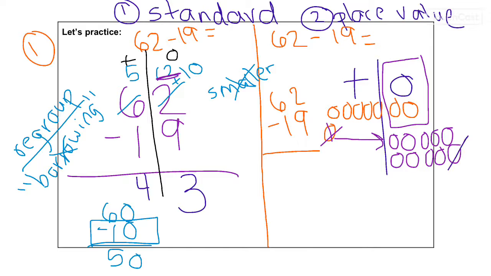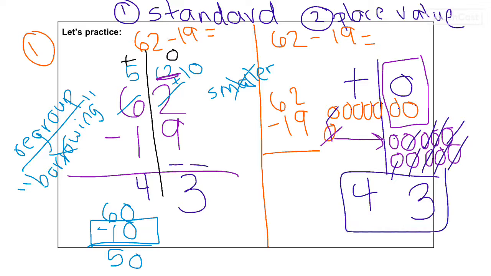Yep. 1, 2, 3, 4, 5, 6, 7, 8, 9. How many are left? 1, 2, 3 are left. Over here, I'm going to take away 1. How many are left? 1, 2, 3, 4. My difference was 43. So I got the same answer both times. So you can start to figure out which way works best for you.